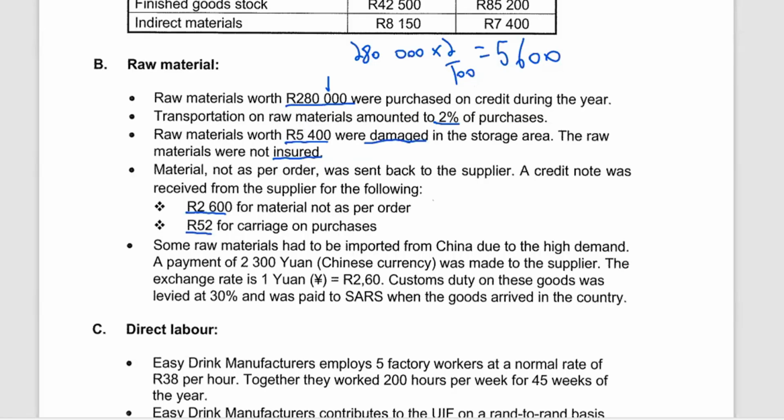Some raw materials had to be imported from China due to high demand. A payment of 2,300 in Chinese currency was made to the supplier. Okay, since we paid the supplier, we paid 2,300 at an exchange rate of 2 rand 60 cents.